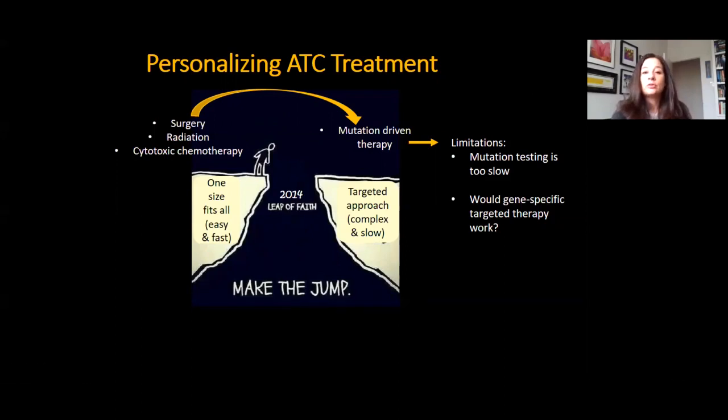We were going to look at the mutations and determine whether we could find an adequate drug that matched that mutation. But we had a couple of problems. One is that it took a really long time to do mutation testing. It's quite slow. And we just didn't really know if this was going to work, but we were willing to try.